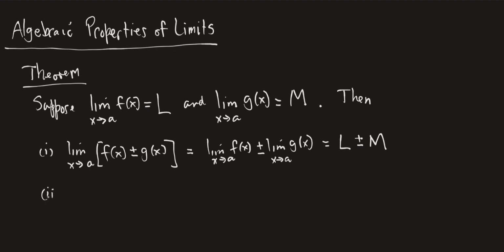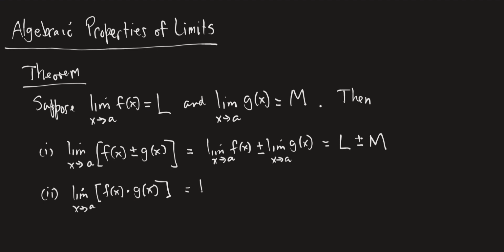Second property: what else could we do with these two functions f and g? Well, we could multiply them. So we could take the limit as x approaches a of f of x times g of x. It turns out that the same kind of process holds.